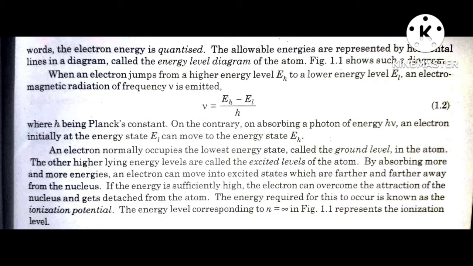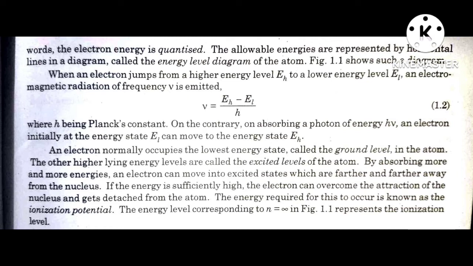In other words, the electron energy is quantized. The allowable energies are represented by horizontal lines in a diagram called the energy level diagram of the atom. Figure 1.21 shows such a diagram.